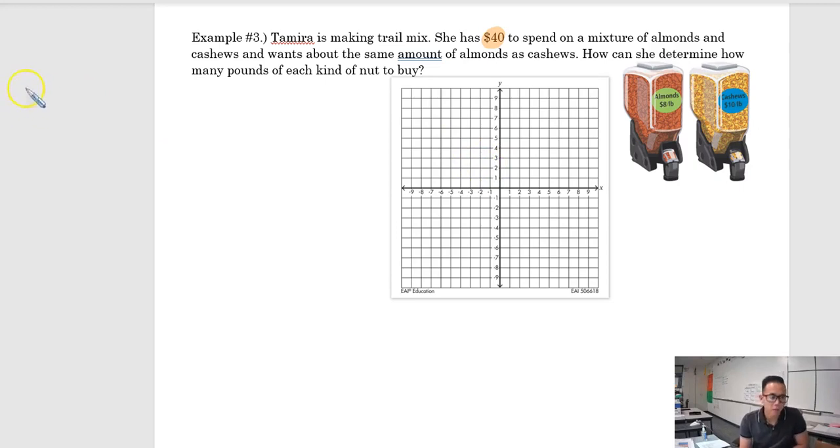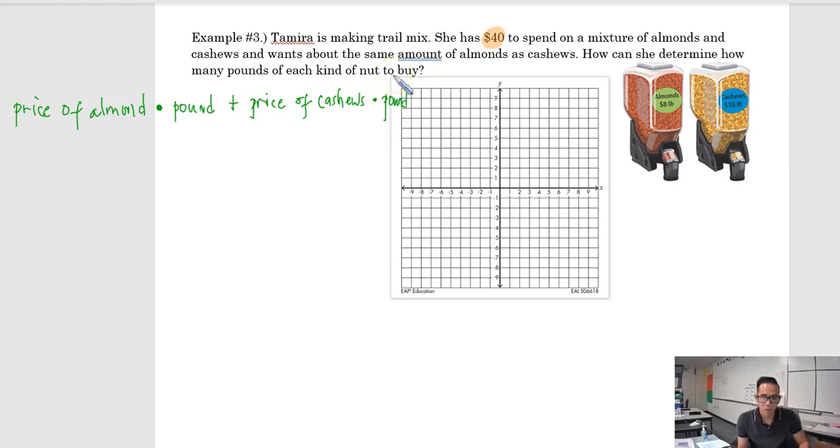So we have the price of the almond times per pound, plus the price of the cashew times per pound.